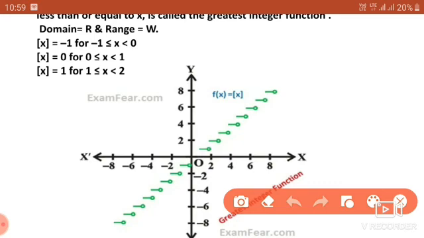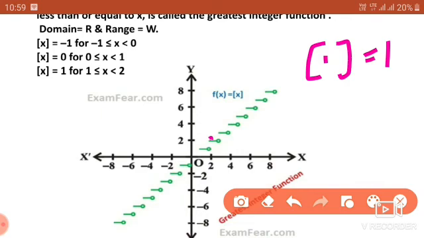See, if you take some values, for example, the greatest integer function of 1 you will get as 1. That is why it is written here, because 1 comes here. Now when it comes to 2, it jumps to this place.